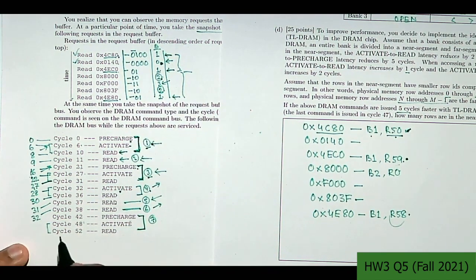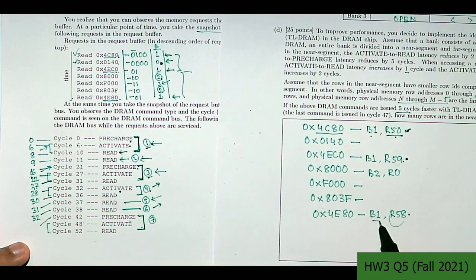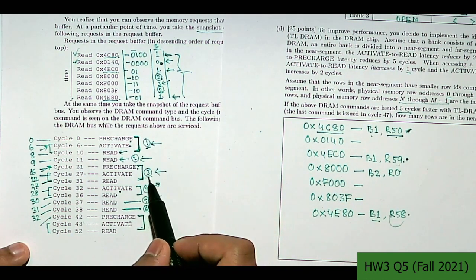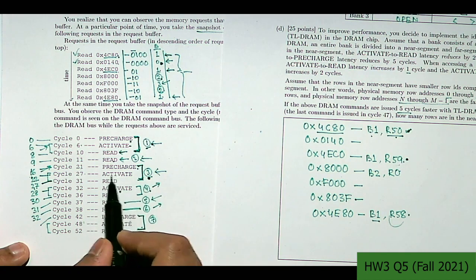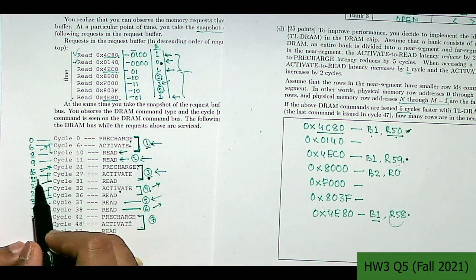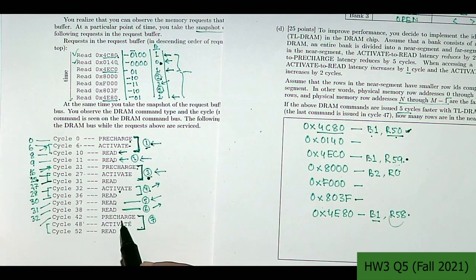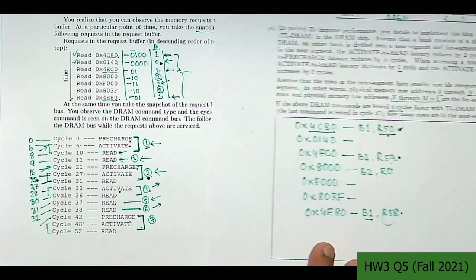Now this is a pre-charge, and it will happen on bank 1. Previously we accessed bank 1 in request number 3, so that activate actually happened at 22. Now we need to check the activate to pre-charge latency. We have mentioned the constraint, right?